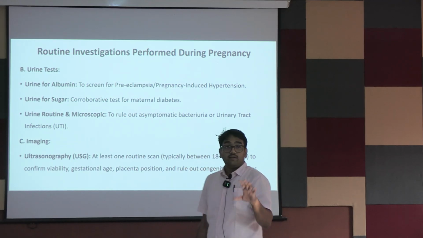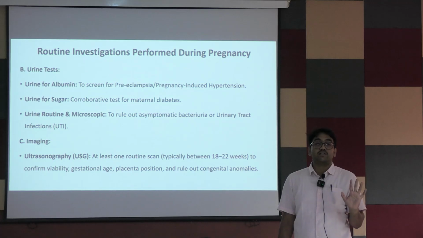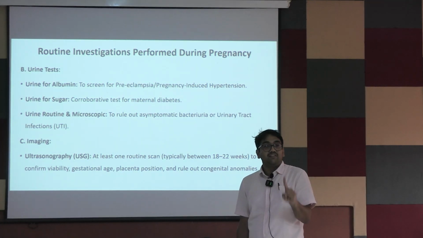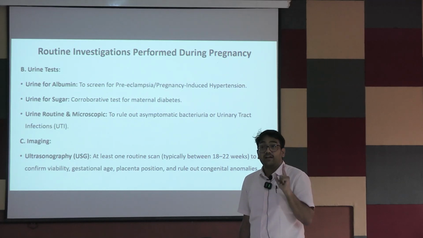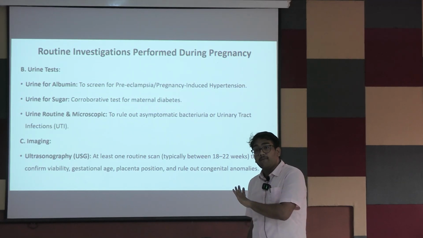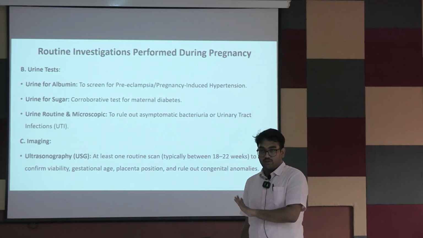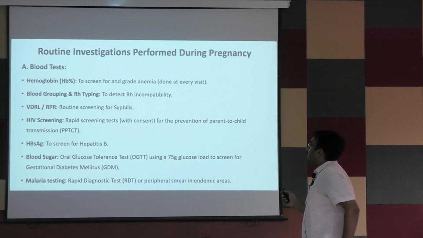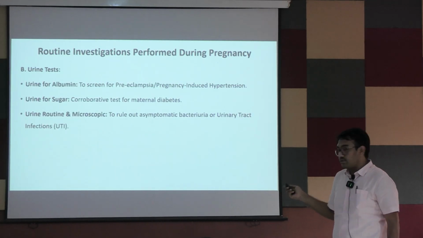That USG examination is mandatory. In a pregnancy, for antenatal checkup, at least one USG examination is mandatory, and that one USG examination should be an anomaly scan done between 18 and 22 weeks. So these are the investigations: the blood tests, urine tests and USG examination.